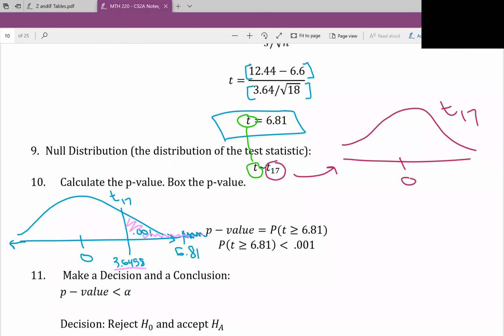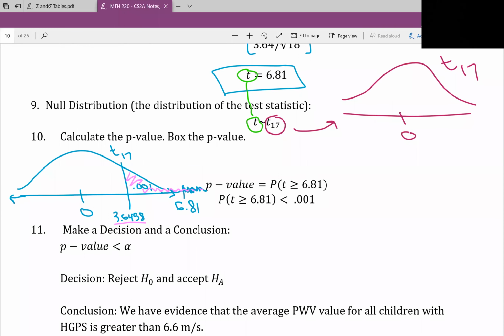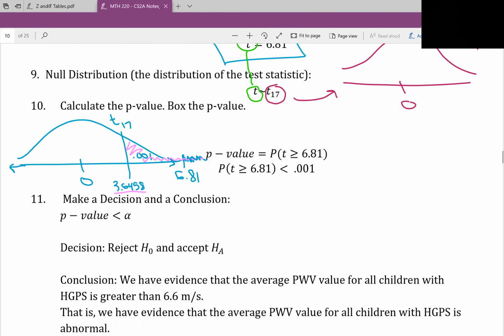So that makes our decision reject H0 and accept HA. The conclusion: we have evidence that the average PWV value for all children with HGPS is greater than 6.6 meters per second. That is, we do have evidence that the average pulse wave velocity value for all children with HGPS is indeed abnormal.